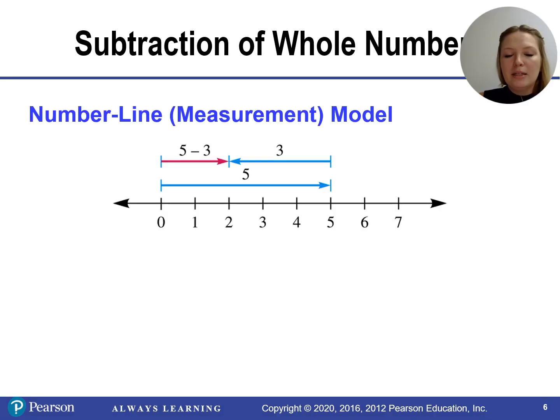The measurement or number line model would say, I have 5 total and then I'm going to take away 3, so I subtract 1, 2, 3 backwards on the number line, and the length that's left of 5 after I've removed 3 is our difference, 5 minus 3. I can see on the number line that's going to yield a difference of 2.